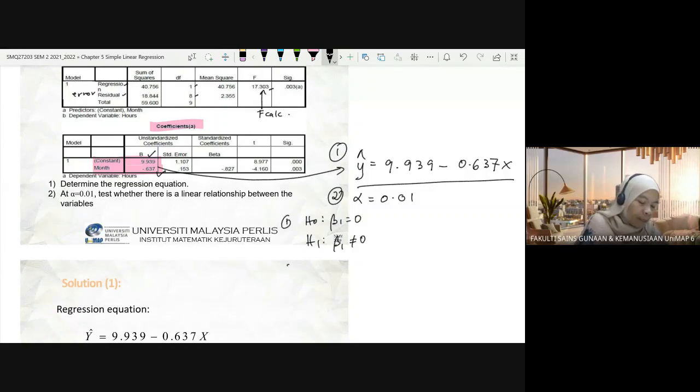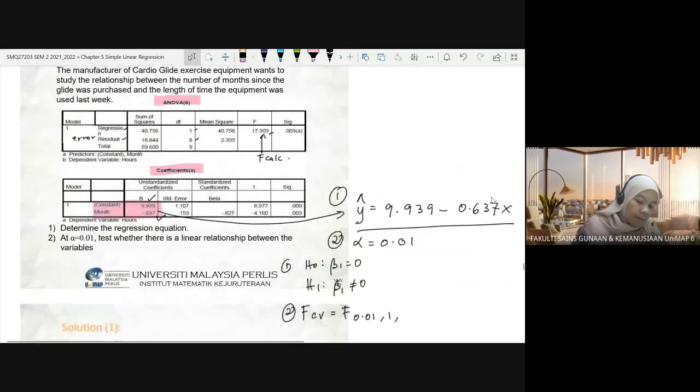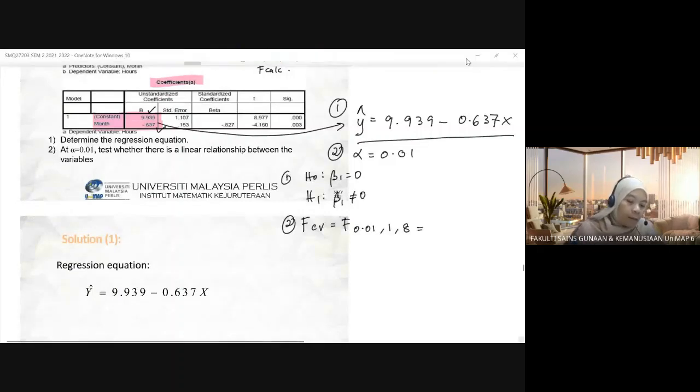First step. Second step, FCV. FCV would be F 0.01, 1, 8.